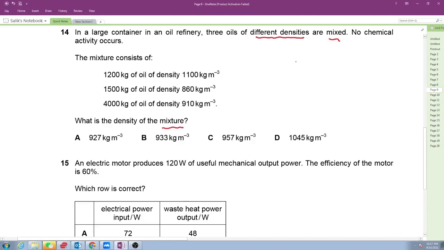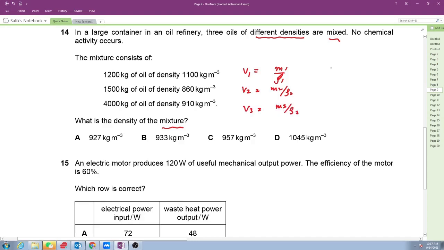For this kind of question, first we are going to find the volume for the first one. V1 equals M1 over the density of the first one. Then V2 equals M2 over the density of the second, and V3 equals M3 over the density of the third oil.